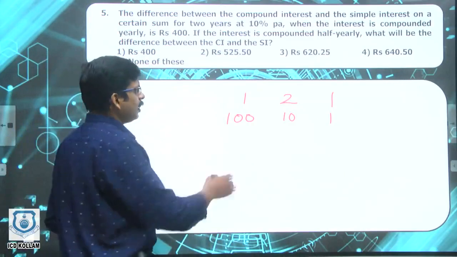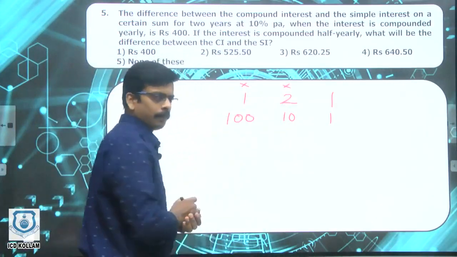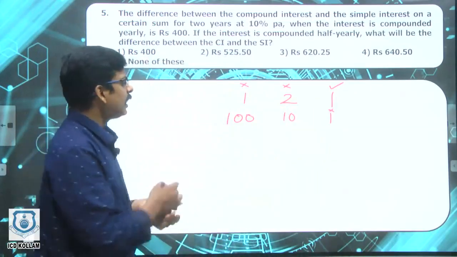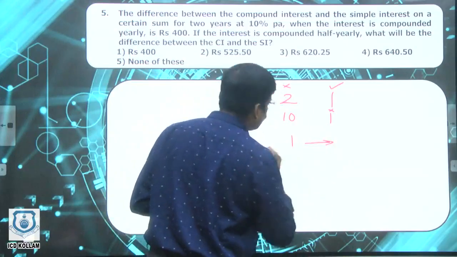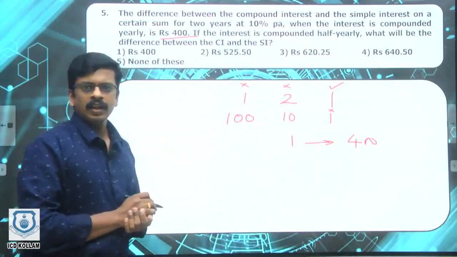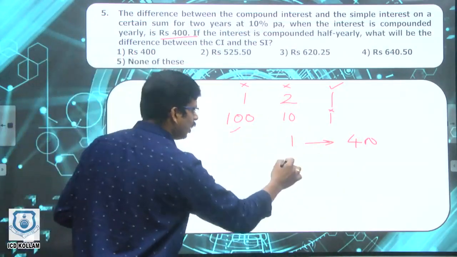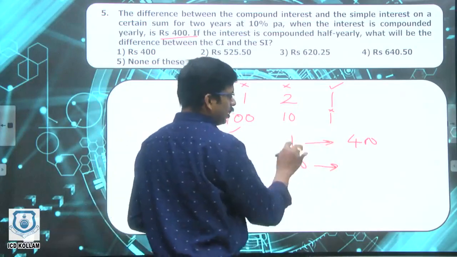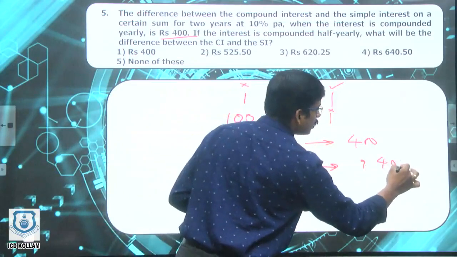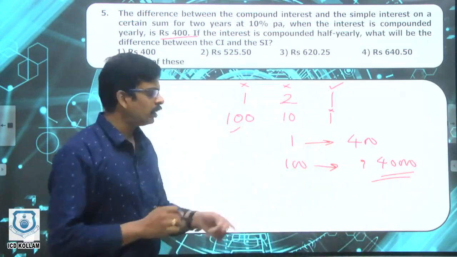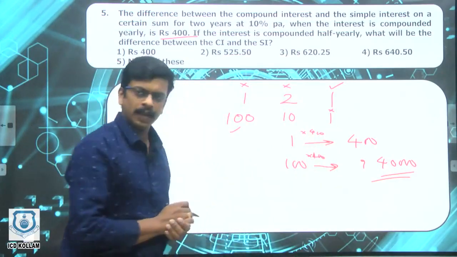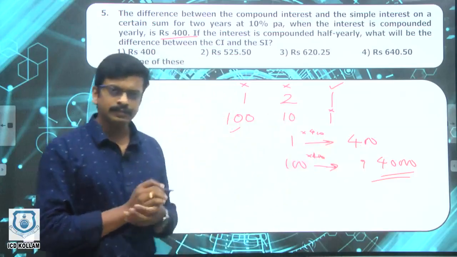Now, in this method, if you eliminate the first 2 columns and take the remaining, here it is only a single column, then that one will be equal to the difference 400. If you need to find the principal, it is 100 here. You can easily find out that 100 for 1 is 400, then 100 is what? Of course, it is 40,000. By just multiplying here by 400, here also the same 400 you need to multiply. So you get it as 40,000.